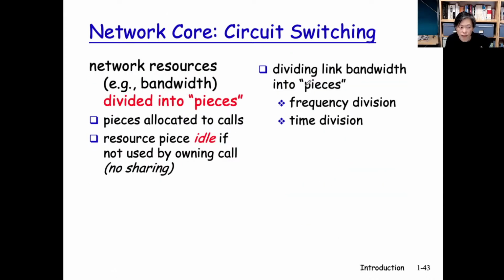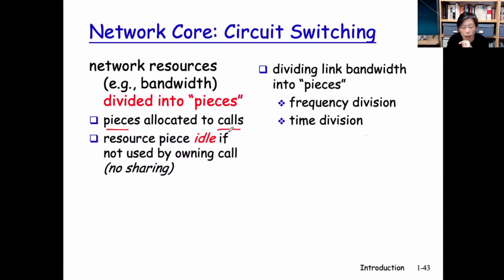Another downside is this. The way we are allocating or reserving resources over the entire path between the two ends of data communication is that we divide the link bandwidth into smaller pieces. We divide the switch capacity also into smaller pieces. And once we do that, we allocate individual pieces or combinations of pieces to an individual circuit or individual call.